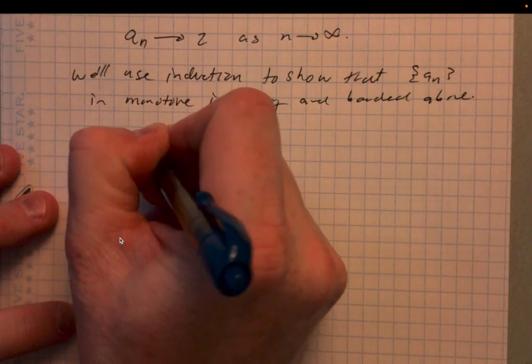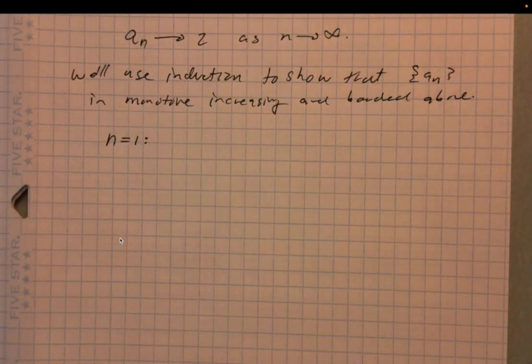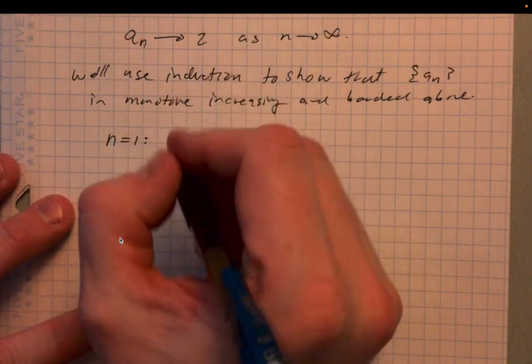Because remember when we construct induction arguments, we usually start with a base case, and then we assume that that property holds for the first n elements of the sequence, and we show that that implies that it's true for the n plus 1 element of the sequence. Okay, so when n is equal to 1, what do we have?